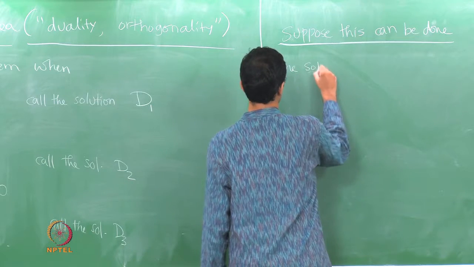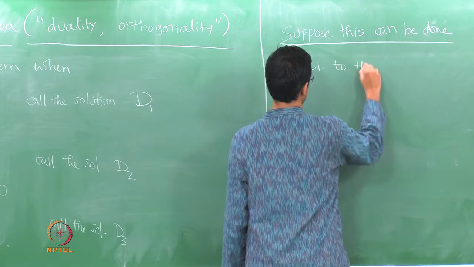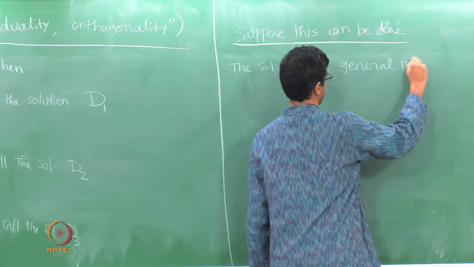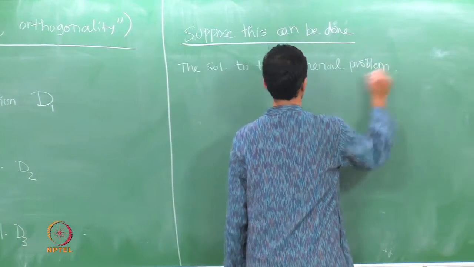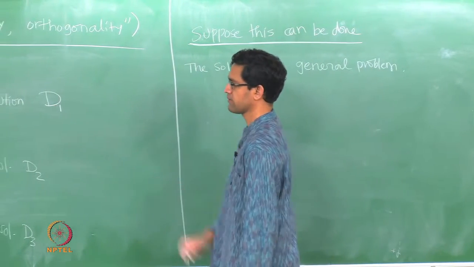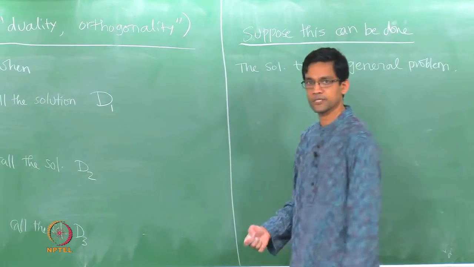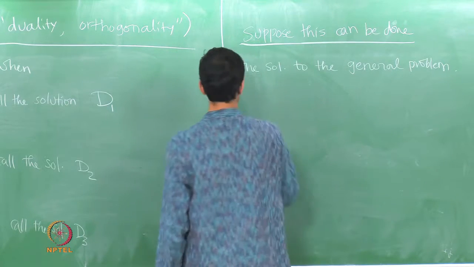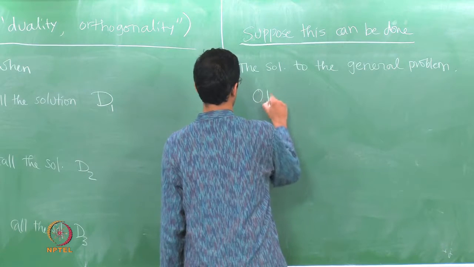The solution to the general problem, by which I mean the original problem with the 3 given real numbers A, B and C. How do you solve the original problem if you know these 3 solutions?